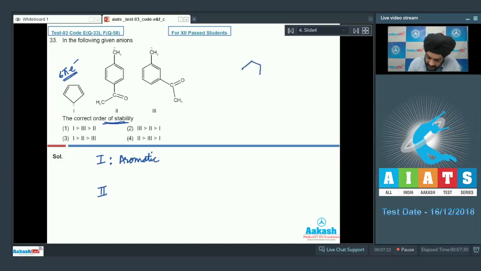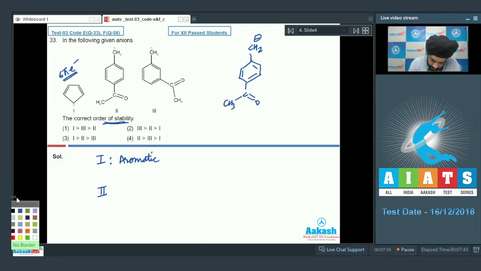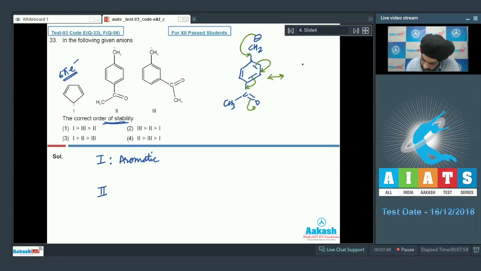So if we try and draw the resonance structure, so the negative charge will get delocalized within the ring and it will eventually shift to oxygen, leading to the formation of this structure. So the second structure is resonance stabilized.